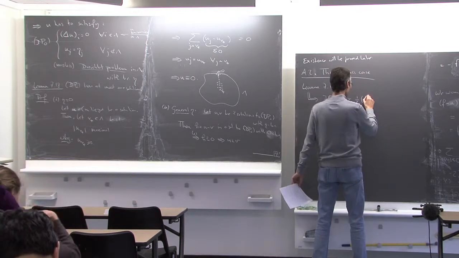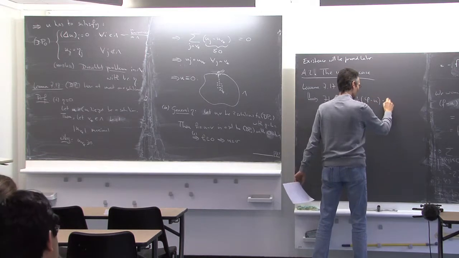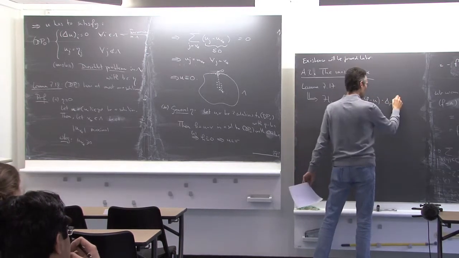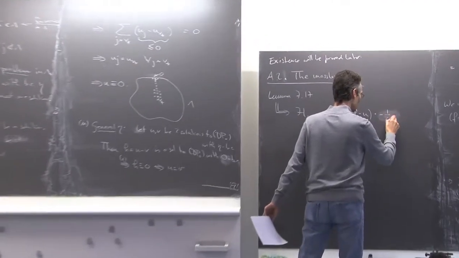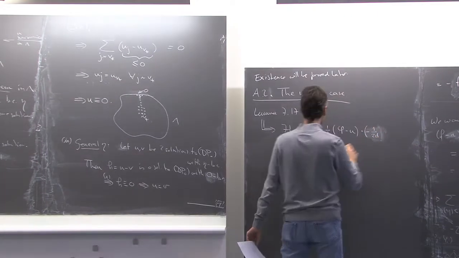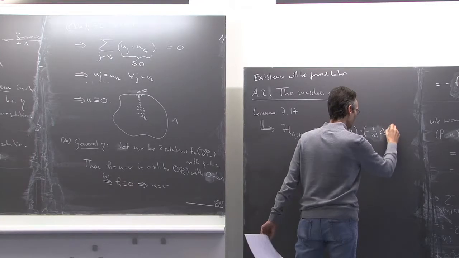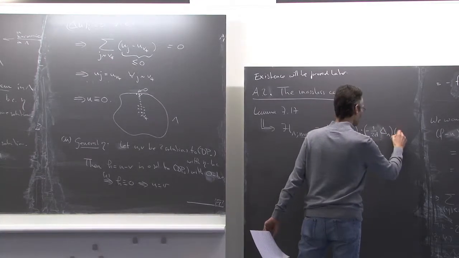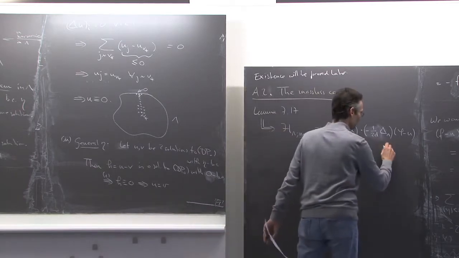So this I can write as phi minus u times the Laplacian in lambda. And here I need a minus 1 over 2d. That's the 1 over 2d that was missing. The minus sign comes from the formula we get in 717, the Laplacian in lambda applied to phi minus u, plus a boundary term.